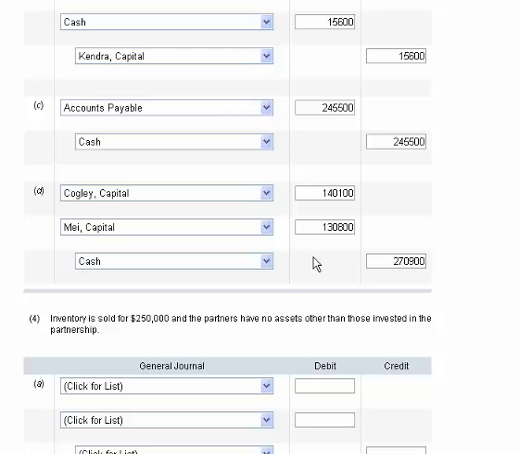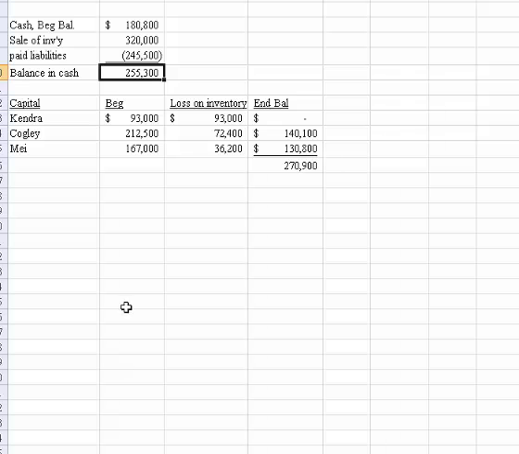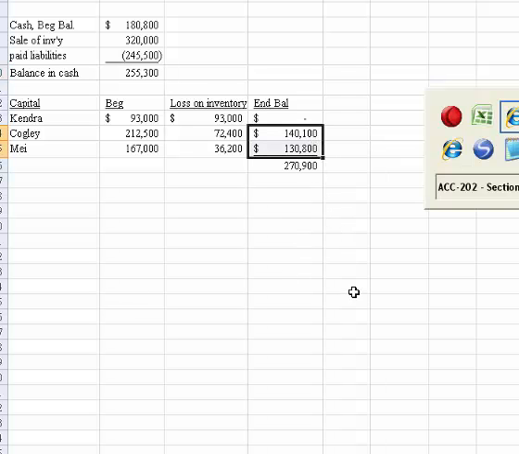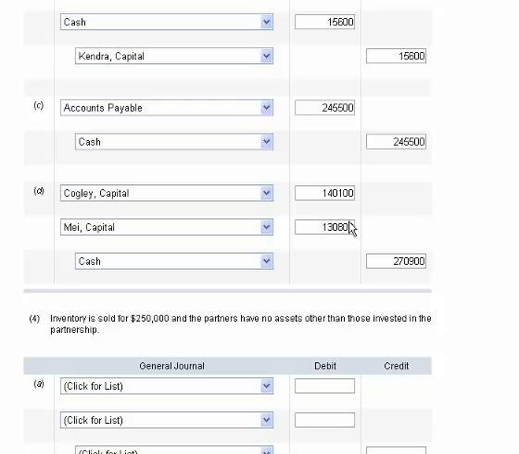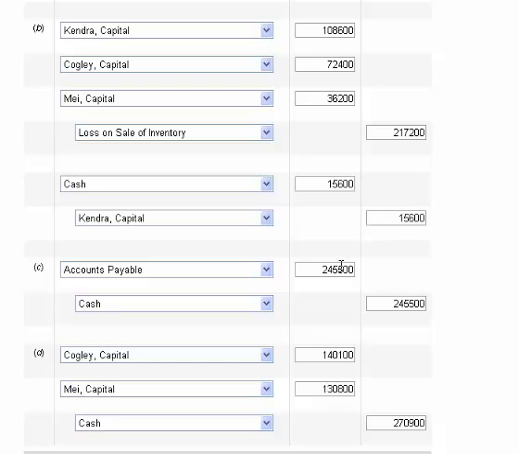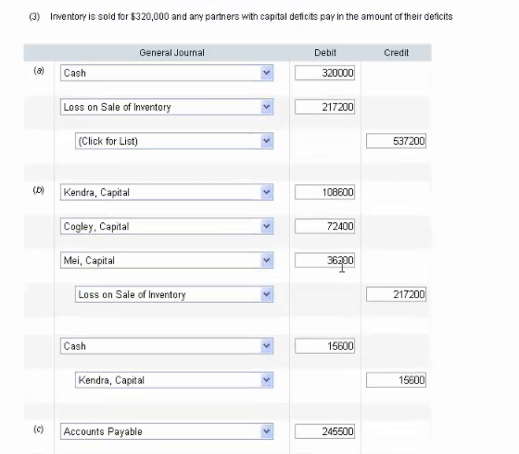The reason why is because Kendra has already wiped out his capital account, so the distribution of the 270 shows up in that amount there. And there we see the dollar amounts. Okay, and that takes us through Part 3, which is all I wanted to cover on this problem. Thanks, everyone.